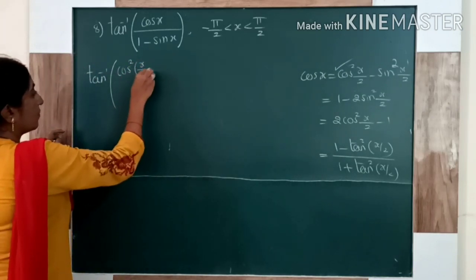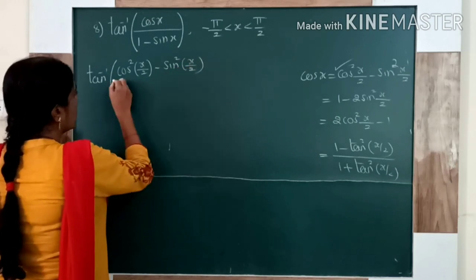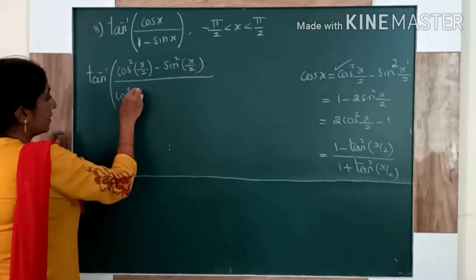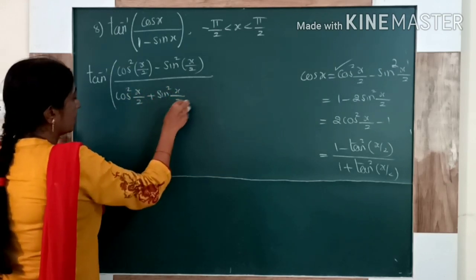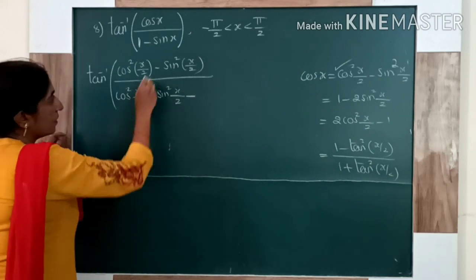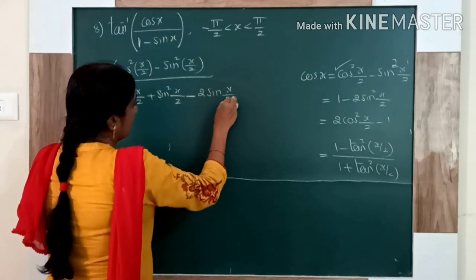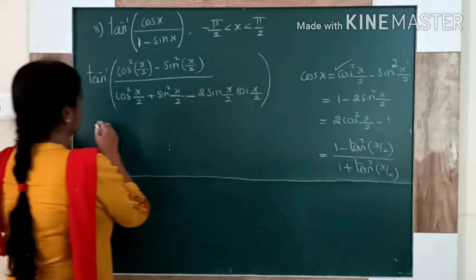Cos square x by 2 minus sin square x by 2 upon, for 1 I am using the basic identity cos square x by 2 plus sin square x by 2. I kept minus as it is, and sin x, again multiples and submultiples, will be 2 sin x by 2 into cos x by 2.